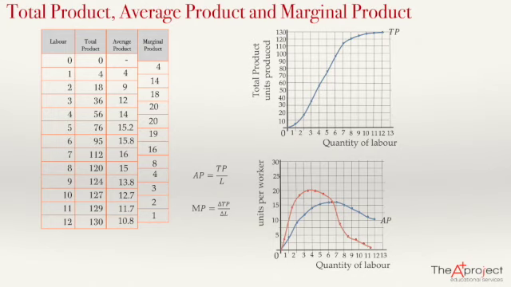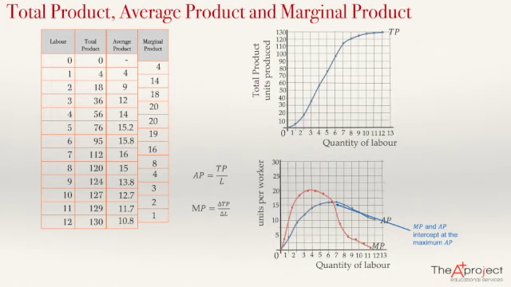So there will be an interval here when the marginal product is smaller than the average product. And in this case, the average product is going down. So all of this means that this point of intersection will be exactly at the moment when the average product is maximum. So marginal product and average product always intersect at the maximum average product.